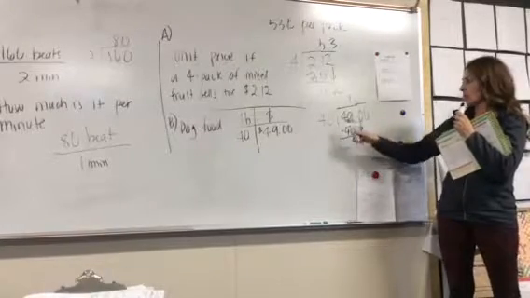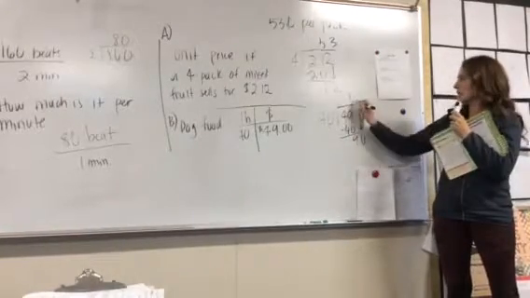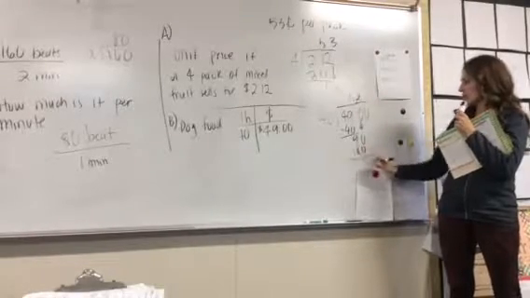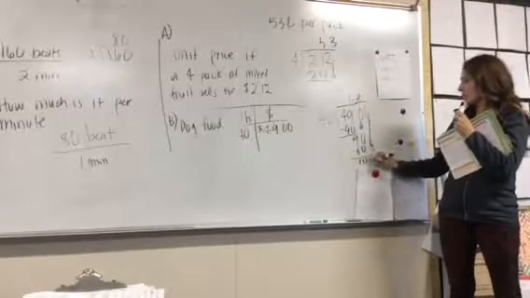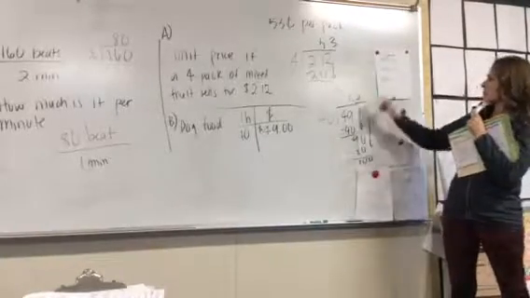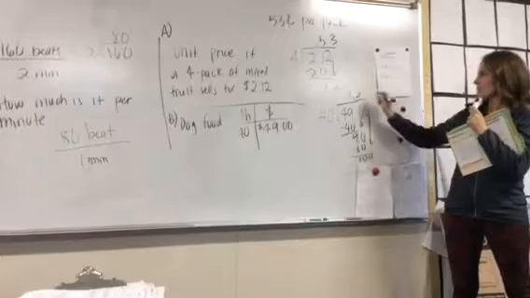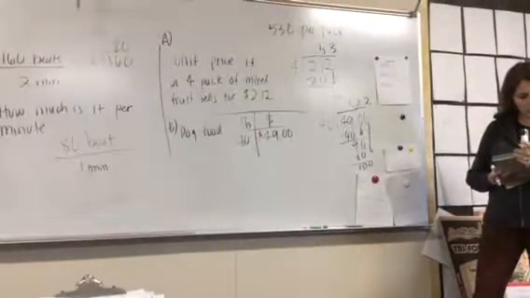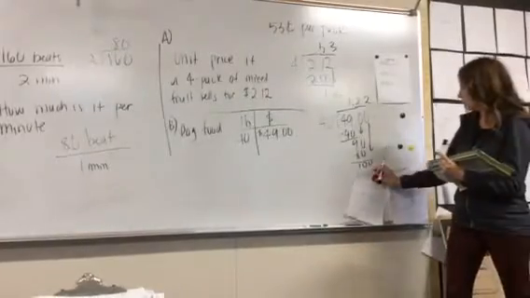Bring the next number down. 40 goes into 90 how many times? Twice. We subtract. We bring the next number down. 40 goes into 100 how many times? Twice. So you got 1.22 so far.